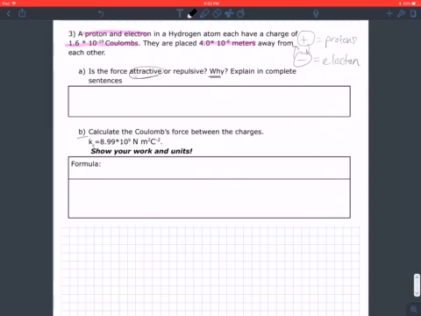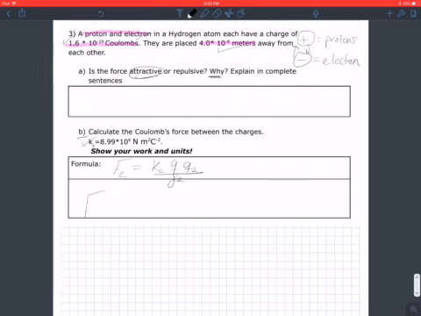Now our formula is Fe for electrostatic equals our Coulomb's constant, K, times the size of each charge, all divided by d squared. So, we know K, we know each charge up here, and we know the distance between them. So we should be able to go ahead and input that information.